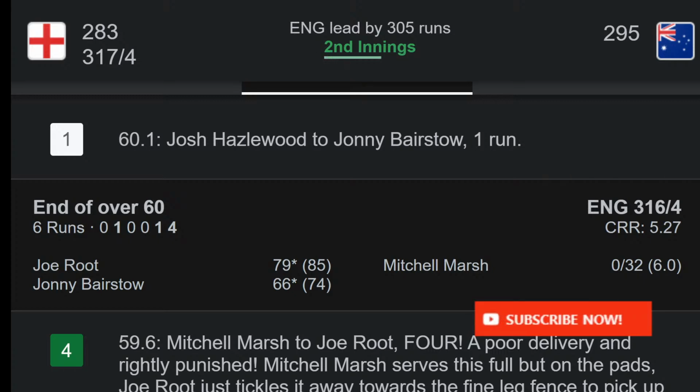England lead by 305 runs. 283 and 317 for the loss of 4 wickets. England now lead by 305 runs.